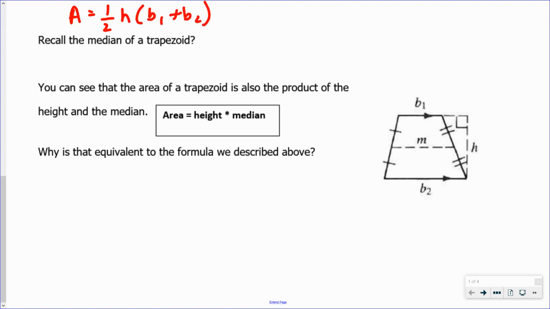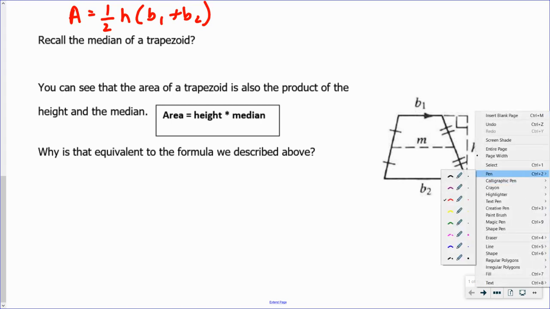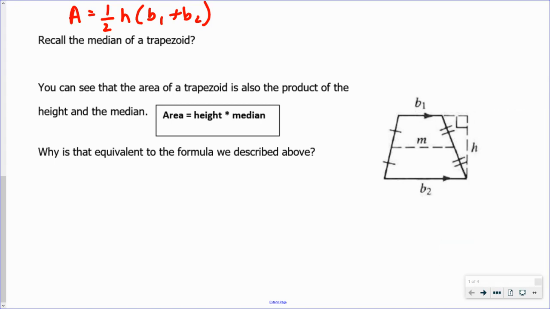So that's one way that we can find the area of a trapezoid. Now, the other way is we can use another formula, which you can see in the middle of the page, which says the area is equal to the height times the median. So let's quickly review what a median is.